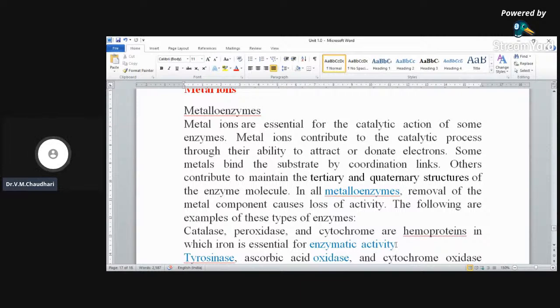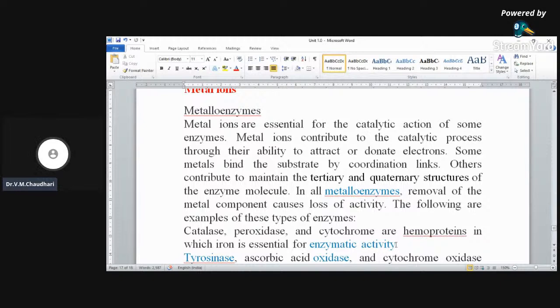In enzymes which require metal ions, the metal ion functions either to attract electrons or to donate electrons. Some metal ions bind the substrate by coordination link.